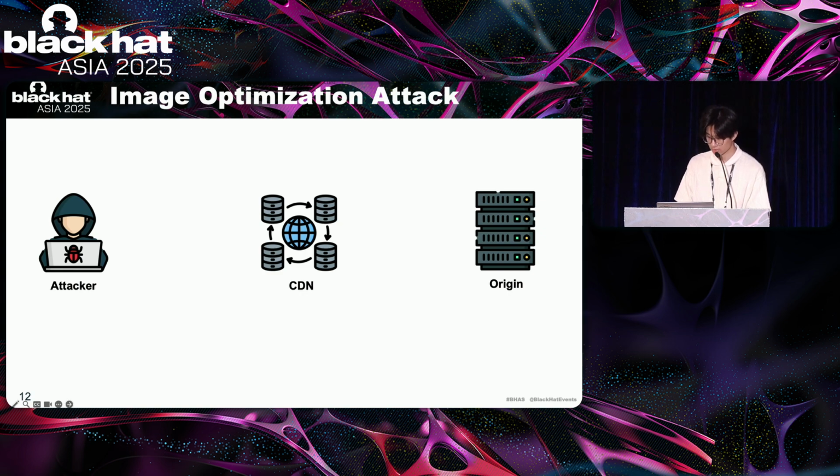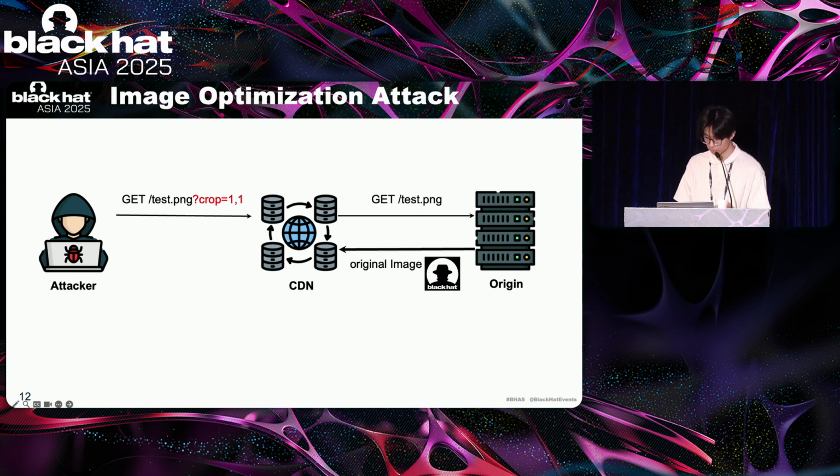Here's how the attack unfolds. The attacker sends an image optimization request to the CDN with a specific parameter like crop equals 1,1. The CDN removes the query parameters and retrieves the original high-resolution image from the origin server. It processes the request by cropping the image down to a single pixel and delivering the cropped result to the attacker.